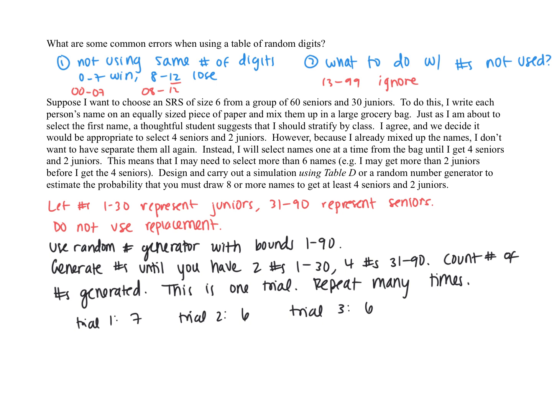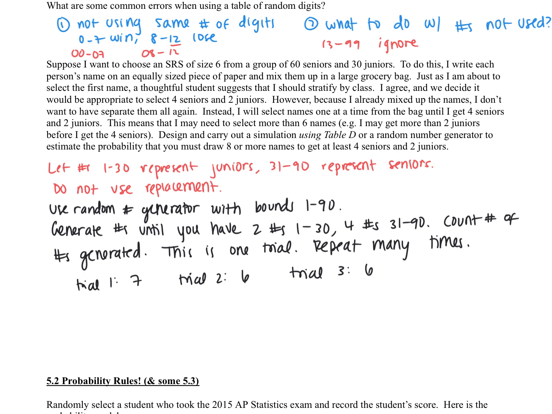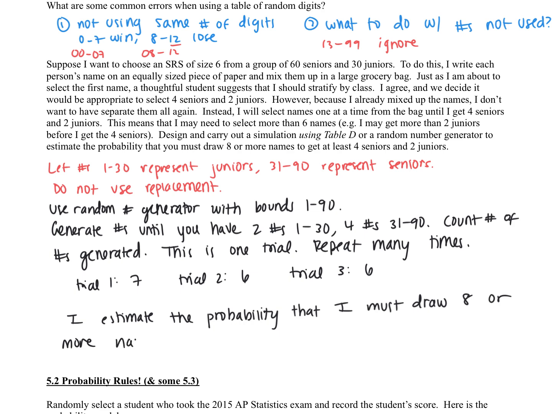Okay, this one said, carry out your simulation and estimate. I told us in the last one we weren't going to estimate. We are going to estimate on this one. So last thing we would do is we would write a sentence and say, I estimate the probability that I must draw 8 or more names to be.